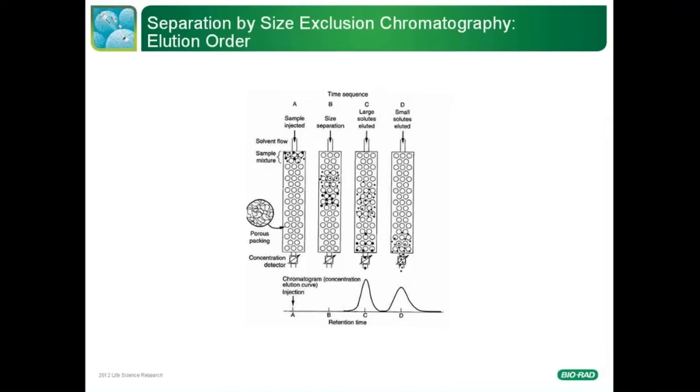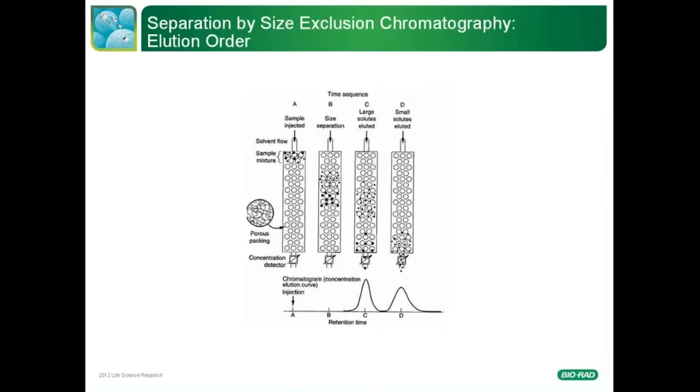If you look at the bottom, you see the chromatogram being developed as these biomolecules leave the column and continue traveling through a tube and go past a UV detector. The x-axis represents retention time, so the large molecules come off first and are then separated from the smaller molecules.